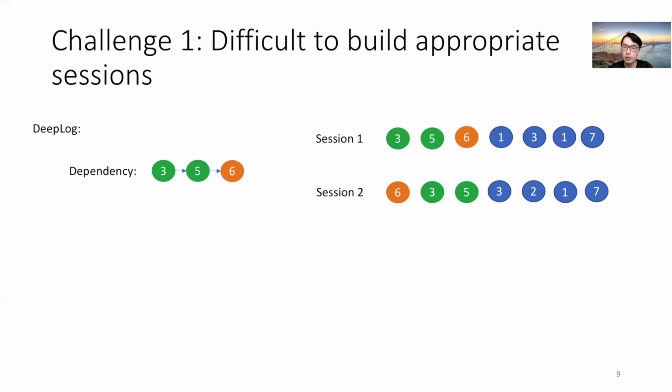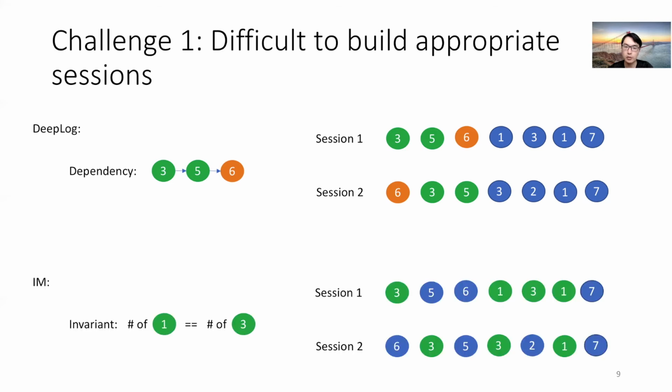For session 2, 6 is not after 3 and 5, so there is an anomaly. For invariant mining, assume we have learned such an invariant that the count of 1 equals the count of 3. For session 1, the count of 1 and the count of 3 are both 2, so it is normal. For session 2, the count of 1 is less than the count of 3, so there is an anomaly.